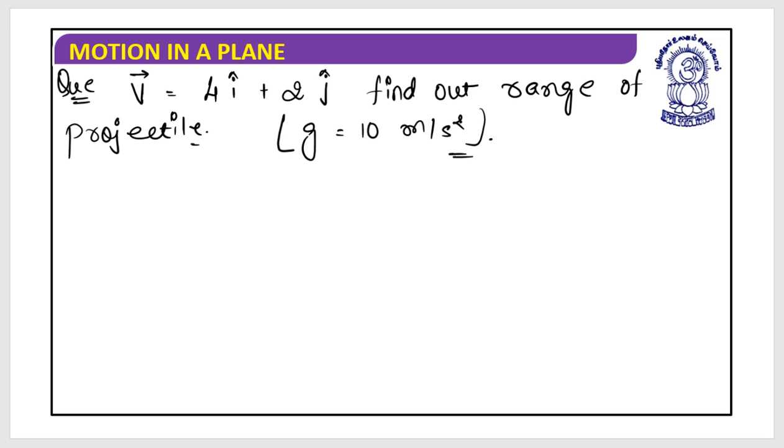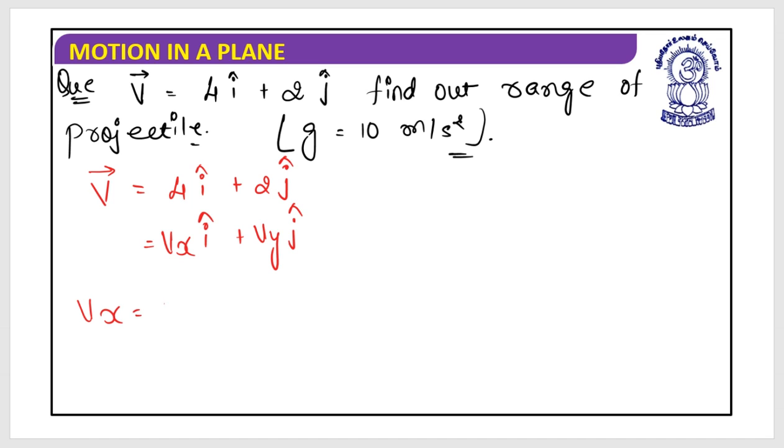What I assume is that V equals 4i plus 2j, so I can write Vx i plus Vy j. Vx equals 4, and Vy, which is not related with time anywhere, is Uy equals 2.